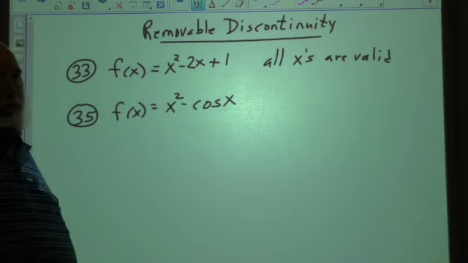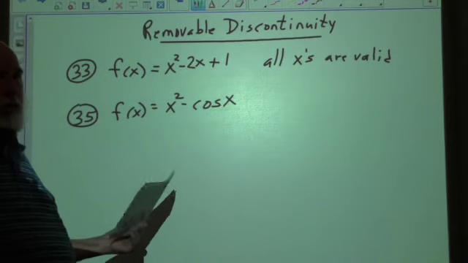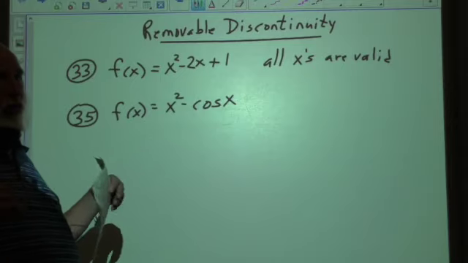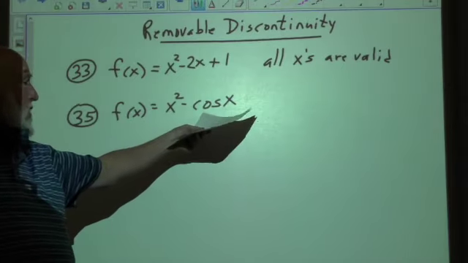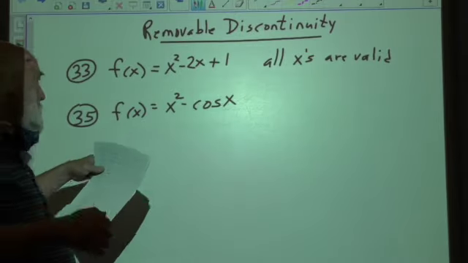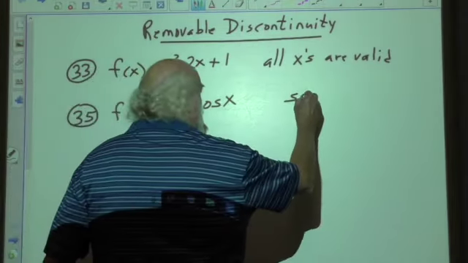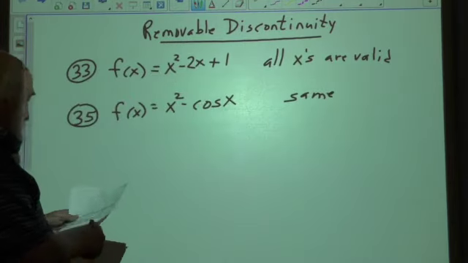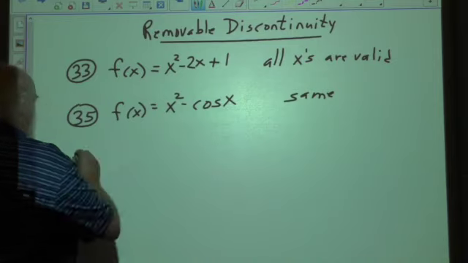For SOHCAHTOA, cosine is adjacent over hypotenuse, and all your values of cosines are going to be between 0 and 1. So you're not going to have any denominators within this function, and so this is the same as this. All x's are going to be considered valid for this, so that's good. Number 37.